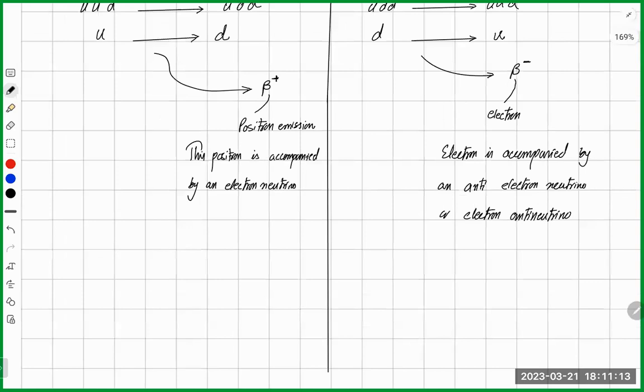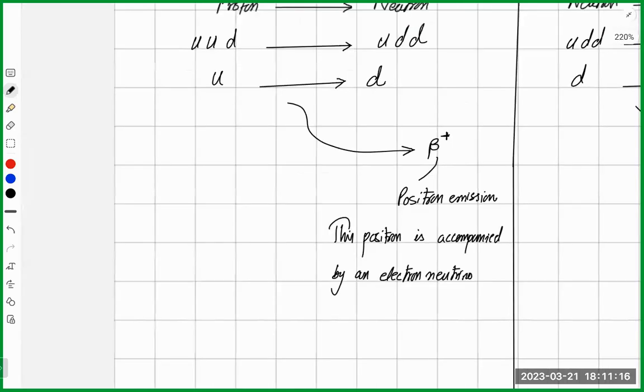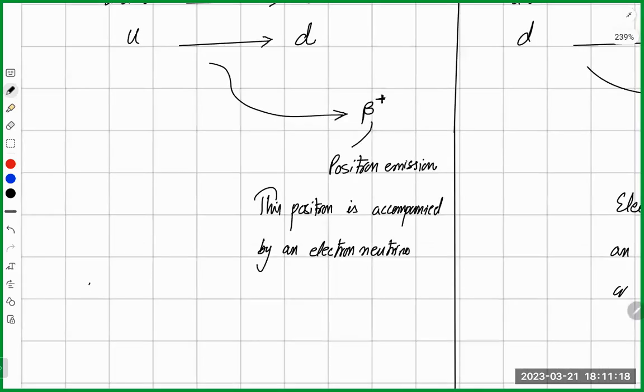Okay. Now, let me write this thing as a process. When an up quark, and don't forget, an up quark has a mass of 1/3 and a charge of plus 2/3.